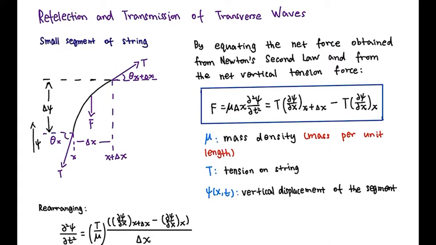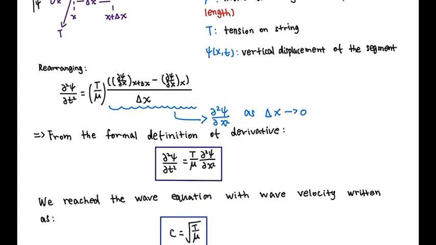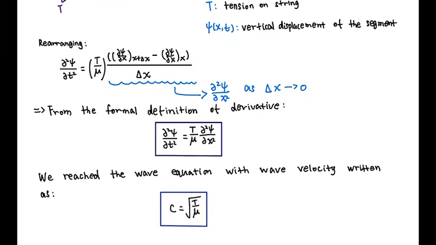Mu is the mass density, which is mass per unit length, T is the tension on the string, and psi is the vertical displacement of the segment. After rearranging this equation, we get the second derivative of psi with respect to time equals T over mu times d psi/dx at x plus delta x minus d psi/dx at x, over delta x.